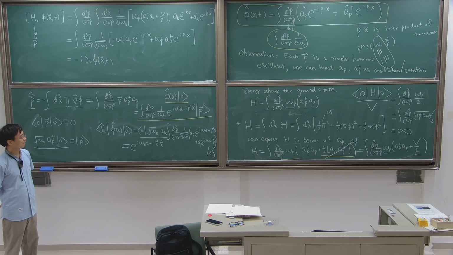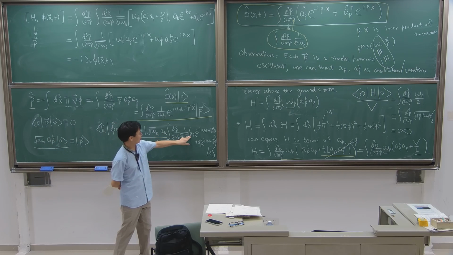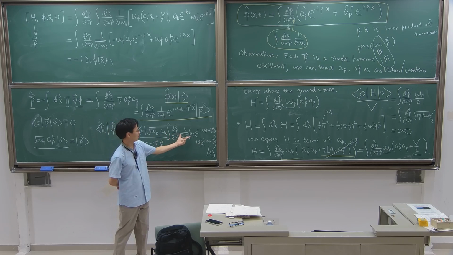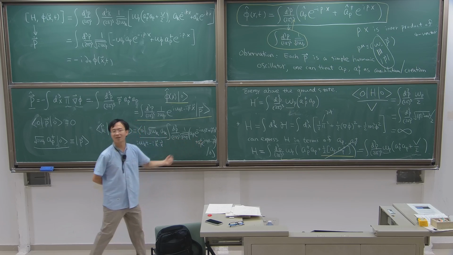Is that clear? It's all about a_k and the a_p dagger. Now, for the first term, a_p kills the vacuum straight away. For the second term, combined with this one, there is the a_p dagger.